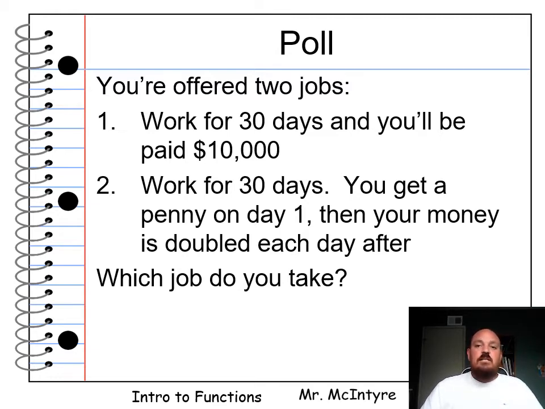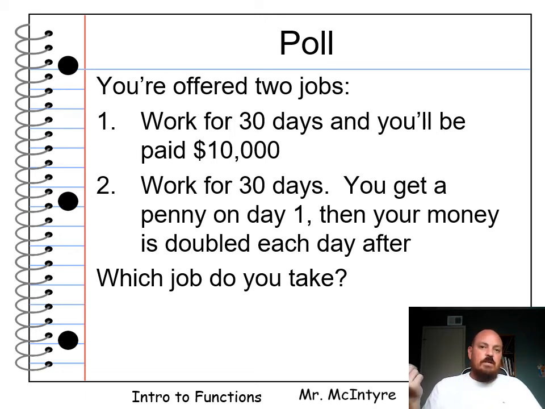And the second job says, well, if you work for me for 30 days, I'll give you a penny the first day you work, and then after that, I'll just double your money every day. So which job would you take? And you guys can think about it. Do you want to take that penny and double it and see how big it gets after 30 days? Or do you just want to take the 10,000 and be like, that's a lot of money, I'll take it?